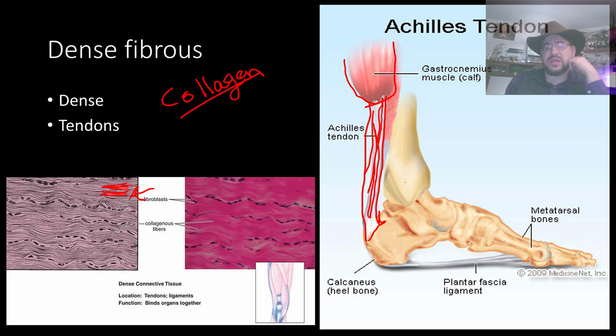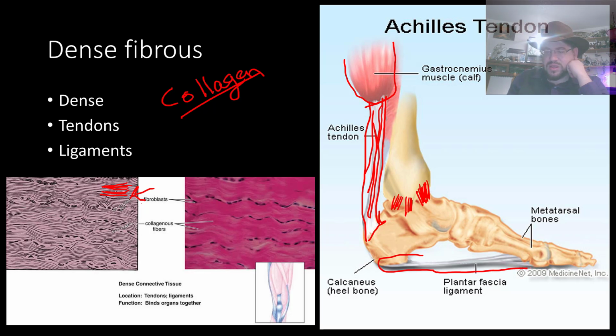Now, in addition to tendons, you have all these joints, and you need to stabilize joints. And so, you will have dense fibrous connective tissue that attaches bone to bone in order to stabilize joints, and bone-to-bone connections are ligaments, like this ligament down here at the bottom of the foot that connects the heel all the way up the front of the foot there.